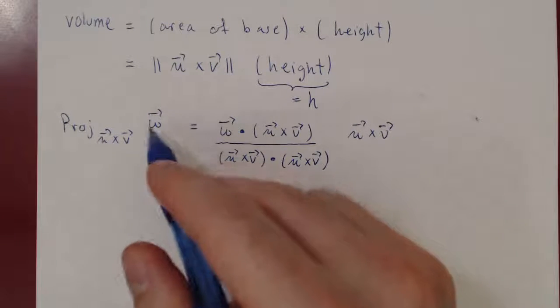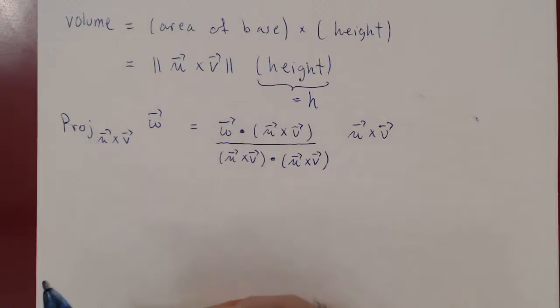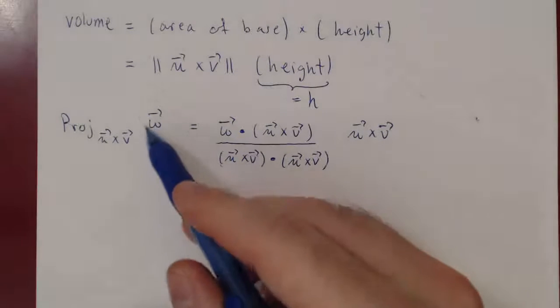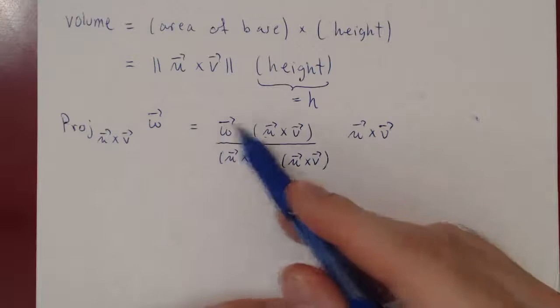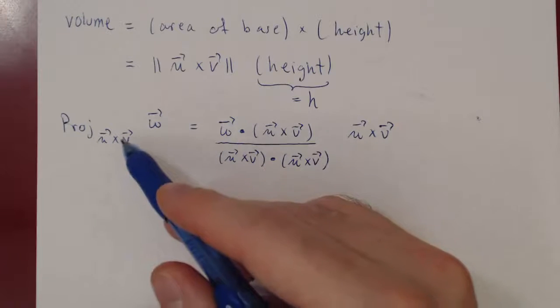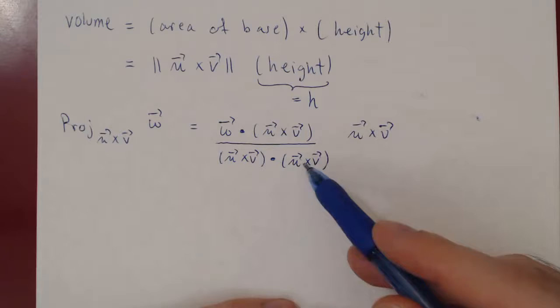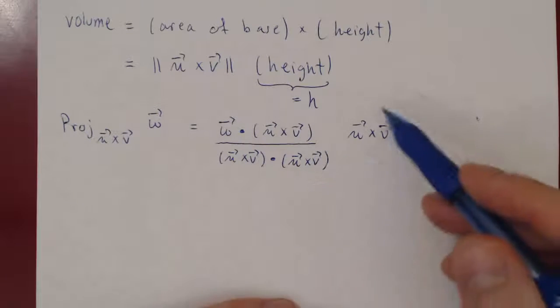And that is the projection of w onto u cross v, right? It is the vector that we are projecting dotted with the vector we're projecting onto, divided by the vector we're projecting onto dotted with itself, times the vector we are projecting onto.